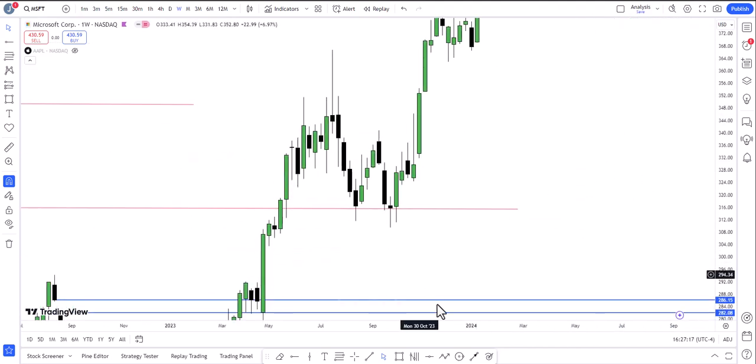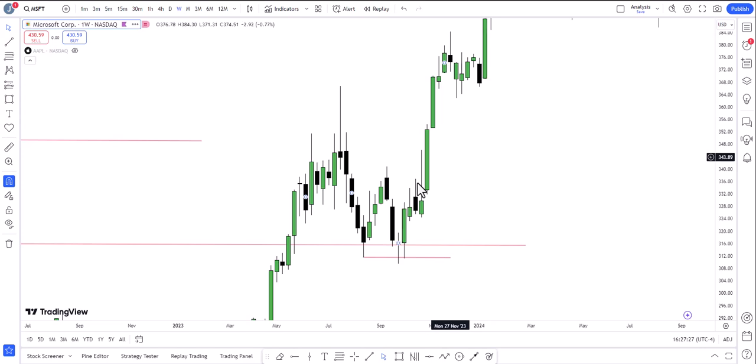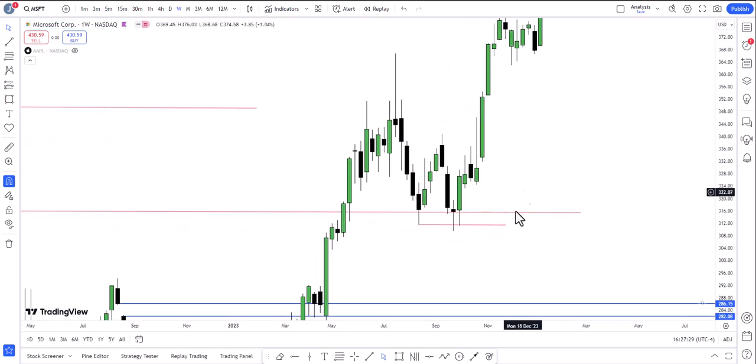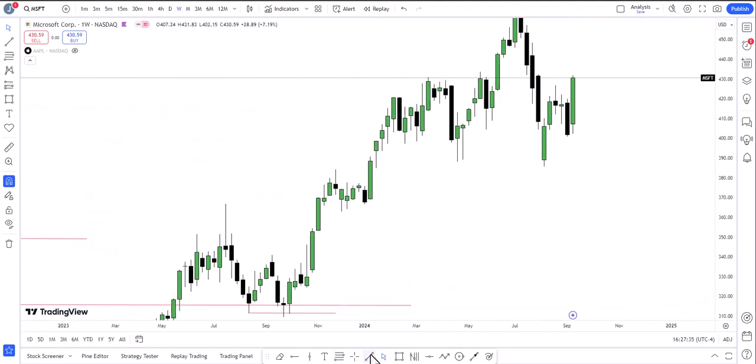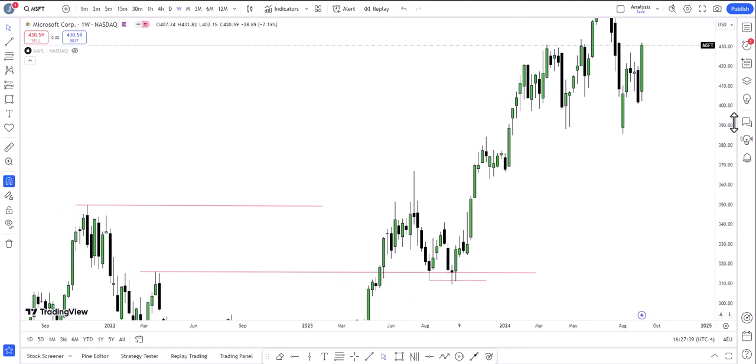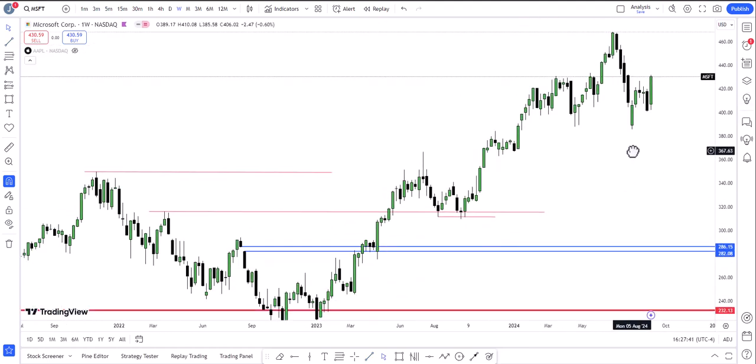Also, turtle soup. See where it comes in, and then up, like that, nicely. Which is really nice to see. And then obviously consolidating here, meandering around, ultimately going up here.